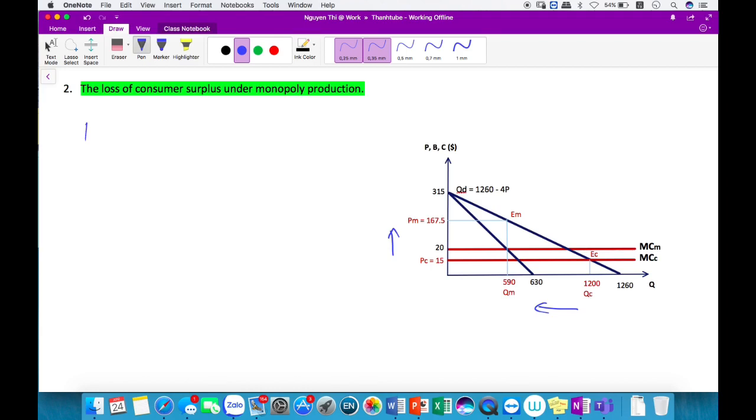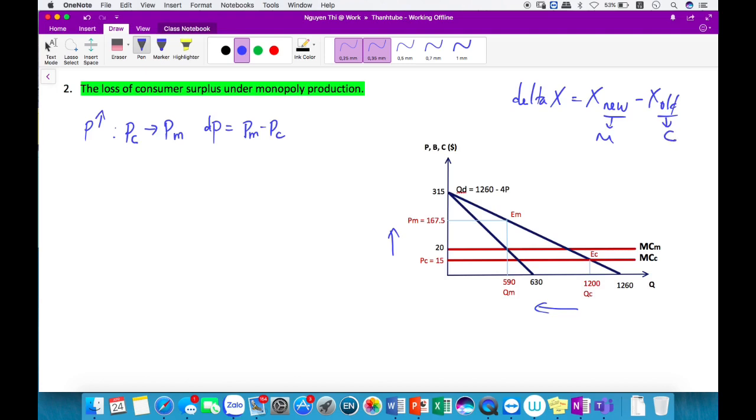So the price increases from PC to PM, or delta P equals PM minus PC. When I say delta, X means X new minus X old. Okay, so X new here means monopoly, and X old here is competition.